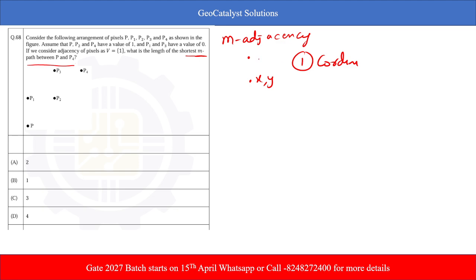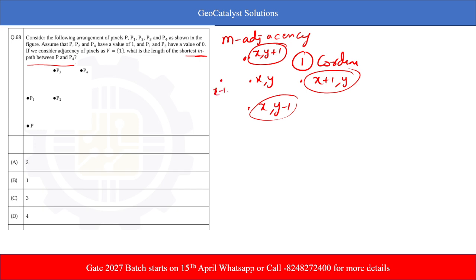Then adjacent points will be x, y+1; x+1, y; x, y-1; and x-1, y.